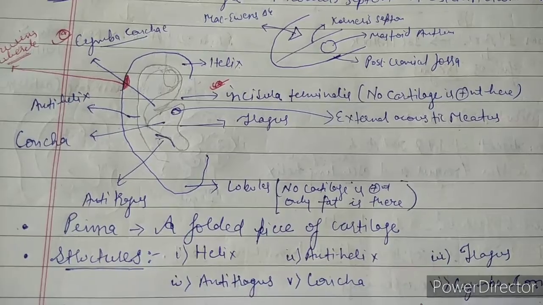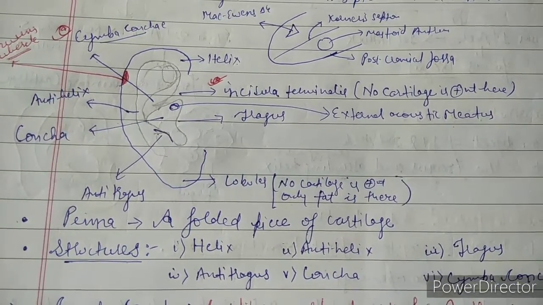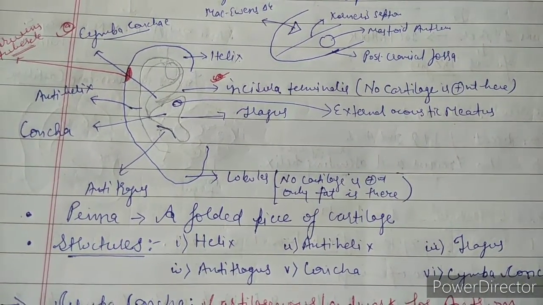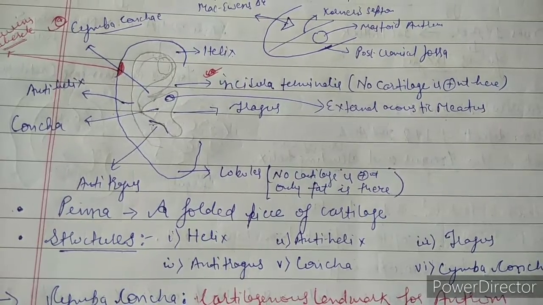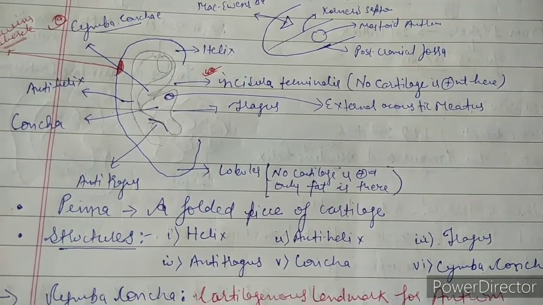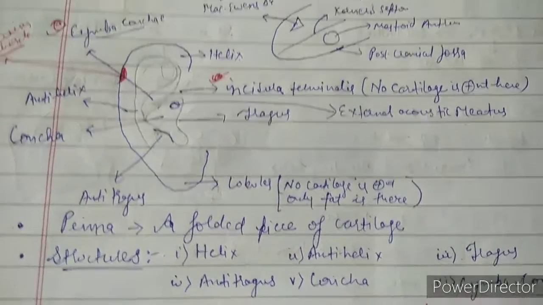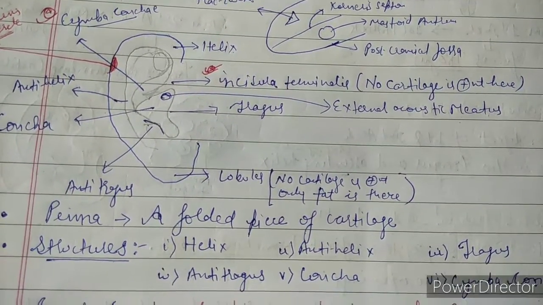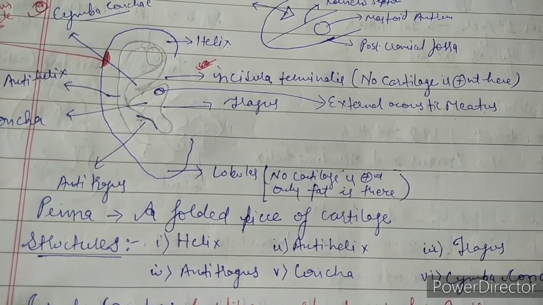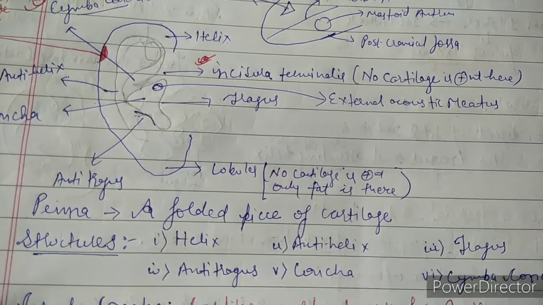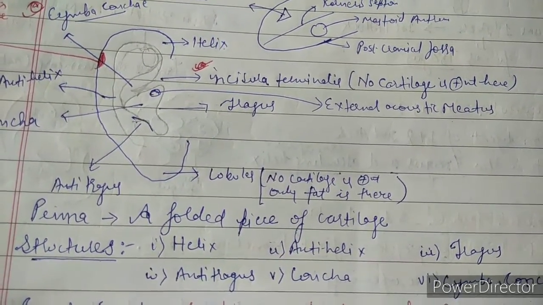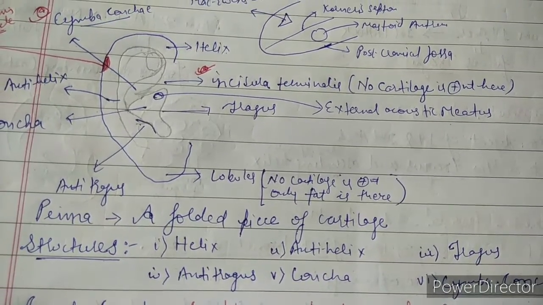Here is the helix, then opposite the helix, coming downwards, we have the antihelix, then here we have the tragus, and opposite the tragus we have the antitragus. The space between the tragus and the helix, or I can say the crus of the helix, you are seeing this is known as incisura terminalis. The importance of this space I will be discussing shortly.